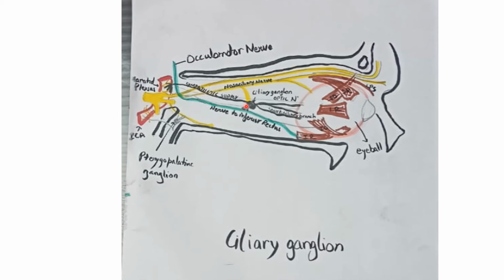All right, and the ganglion from which these postganglionic fibers arise is the superior cervical ganglion, which receives the preganglionic fibers from the lateral horn of the spinal cord.